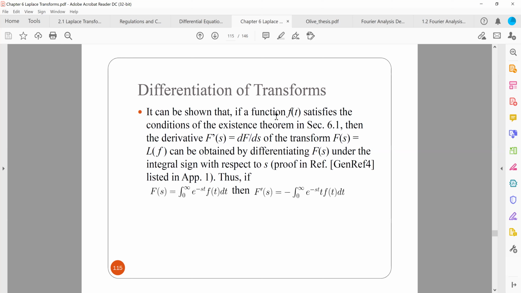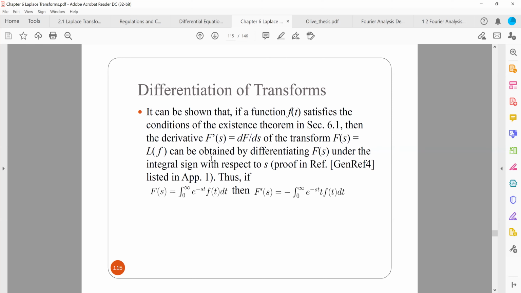It can be shown that if you have a function f(t) that satisfies the conditions we discussed last week for the existence of a Laplace transform, then the derivative of the Laplace transform F(s), dF/ds, can be obtained by differentiating.